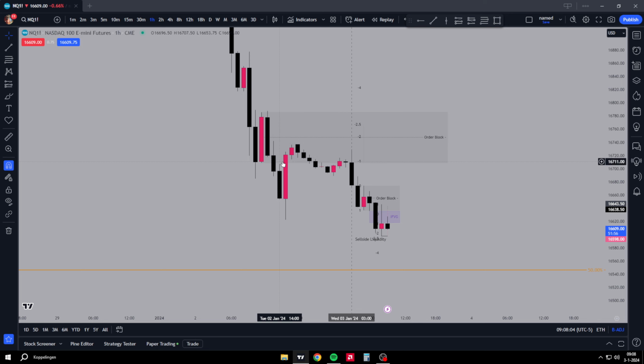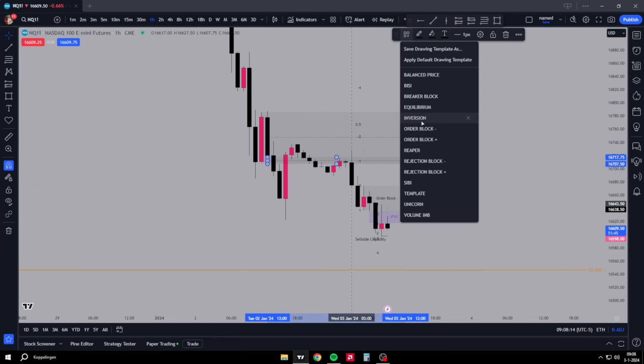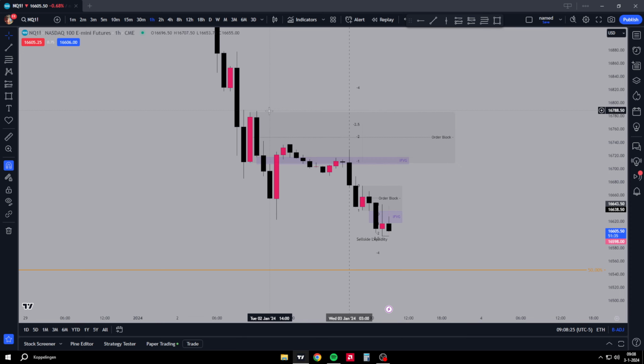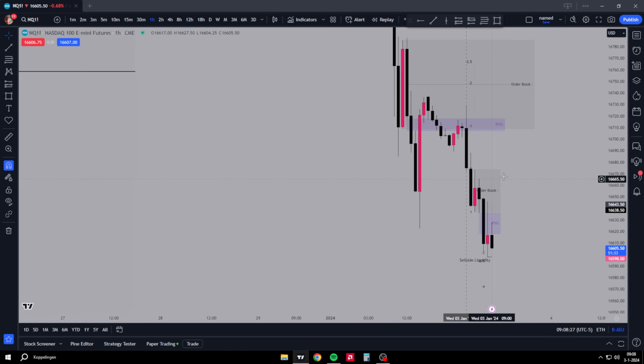When market closed, we were right here somewhere, and we had the ABS right here as well. So we had an inversion here, we had a swing high here, a swing low here, and a swing low here, swing high here, swing low, and we anticipate that this becomes buy side. But we reacted off of nothing really.